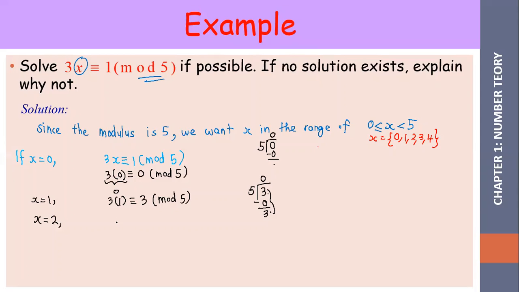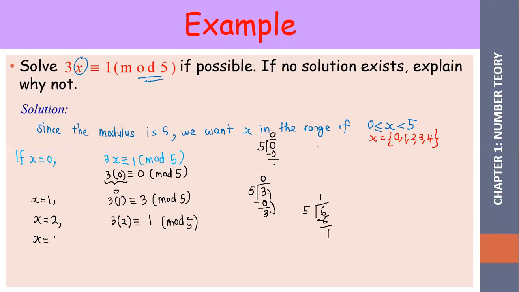When x is equal to 2, so 3 times 2 is 6, congruent to the remainder mod 5. So 6 divided by 5, the remainder is 1. So when x is equal to 2, 3 times 2 is congruent to 1 mod 5.